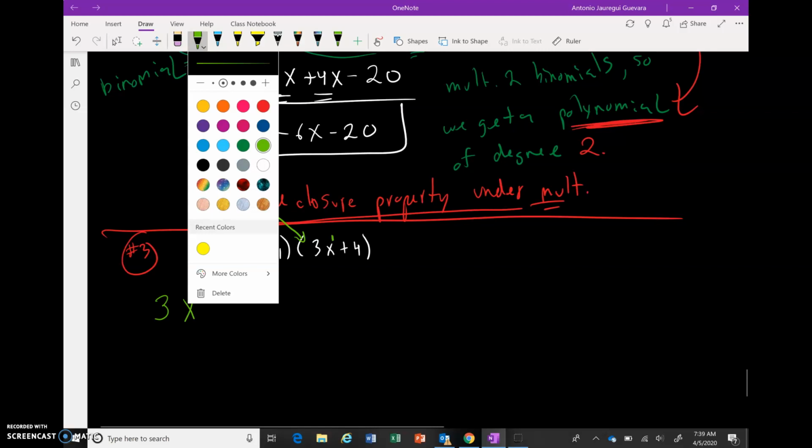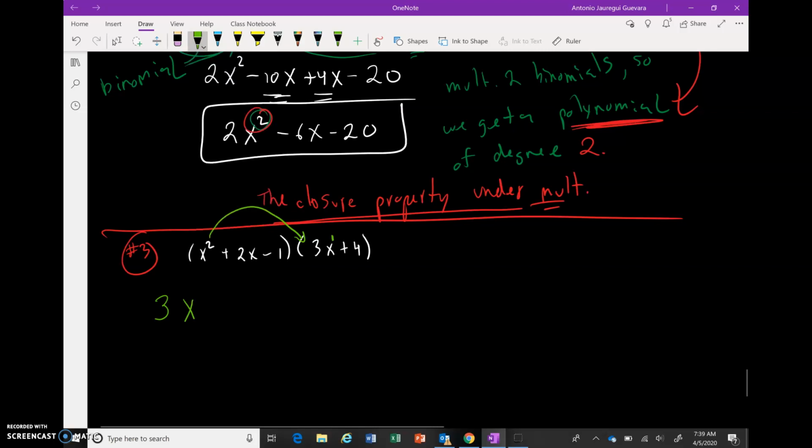I said we have to make sure we add the exponents when we multiply variables, so 2 plus 1 will give you x to the power of 3. We're going to do it again. Now x squared times 4 just gives us 4x squared, because we don't have an x right here.